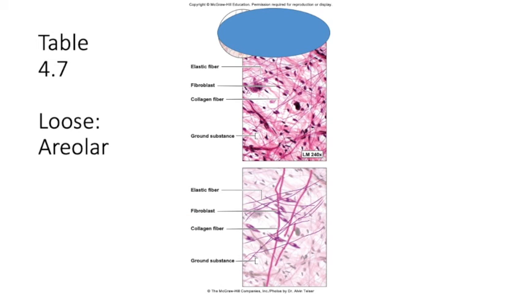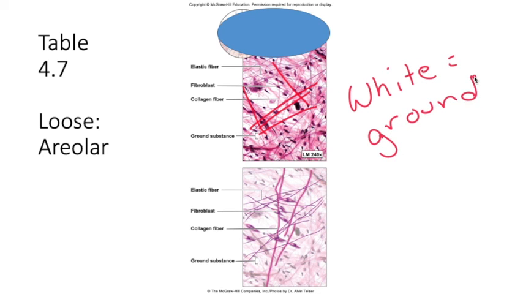This tissue, and we'll get into specific tissue types in a minute, but I just want you to look generally at this image. You can see there are fibers. You can see some lines here. But you can also see lots of white space. White space equals ground. So whenever you see white space, it's not that it's empty. It contains that, usually it's a gel.